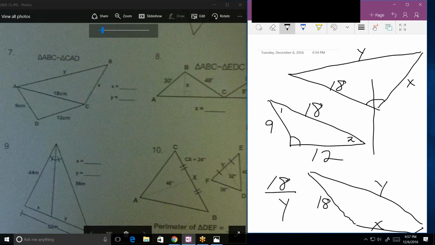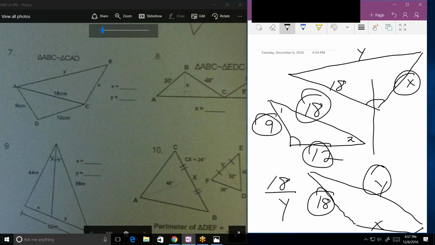And now they're oriented the same. And now I can tell the 18 goes with the y, the 9 goes with the 18, and the 12 goes with the x.